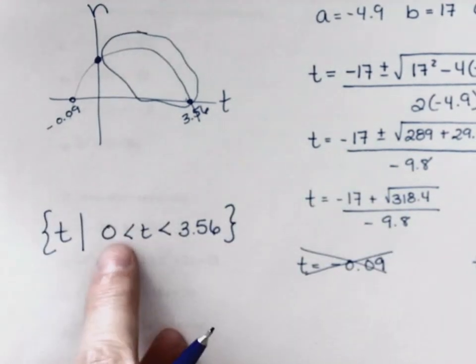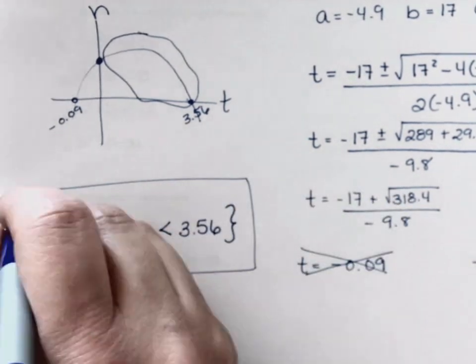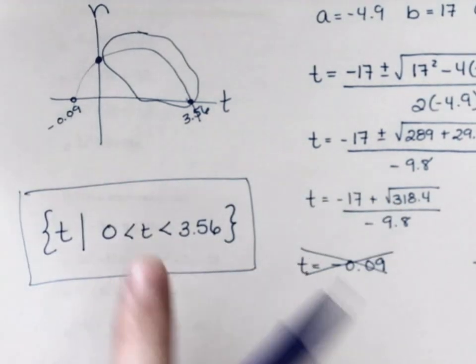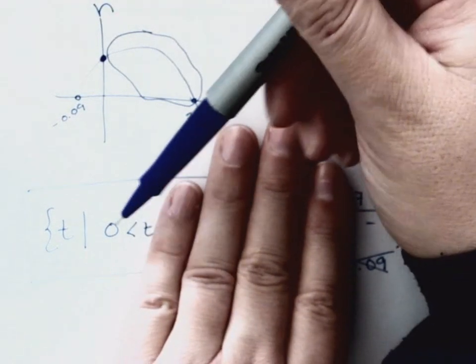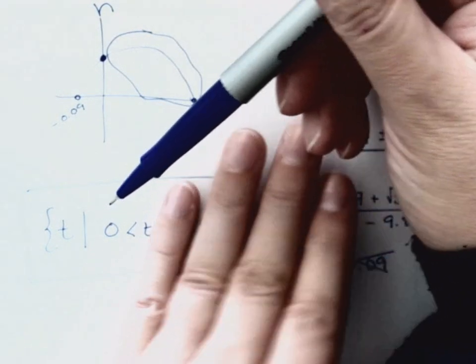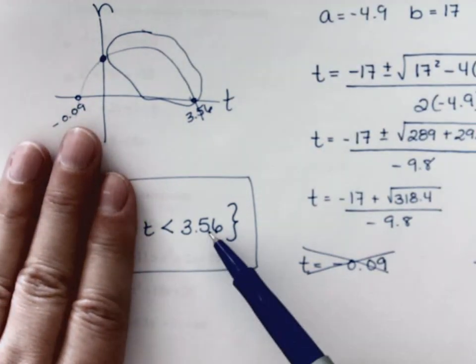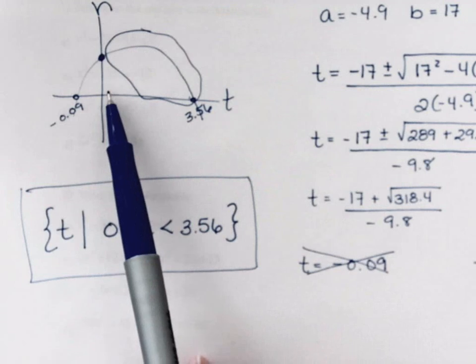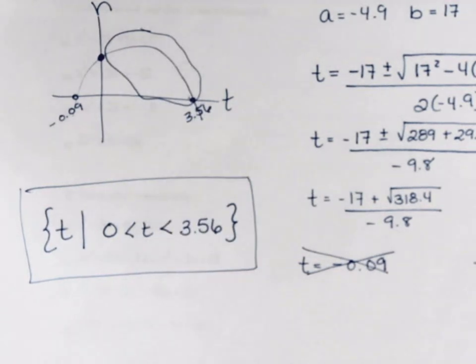Our inequalities always point to the left in our domain statement. So we are saying that the ball is in motion. So t has to be greater than 0, and t has to be less than 3.56. So you've just told me that it has to be anywhere in here. The ball is actually in the air. And that's it. Easy peasy, right?